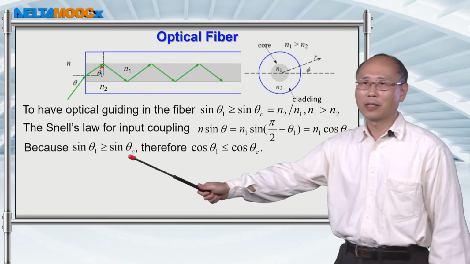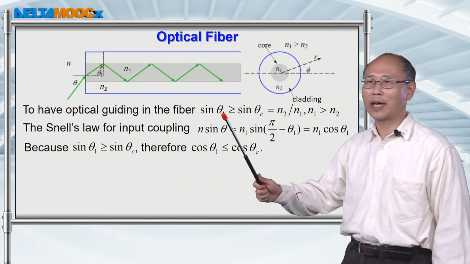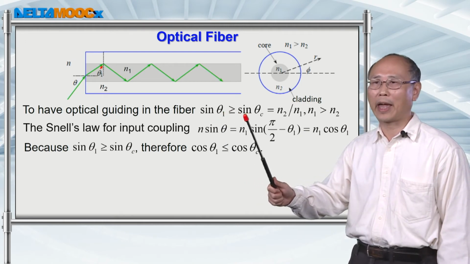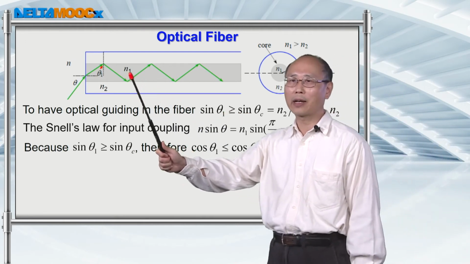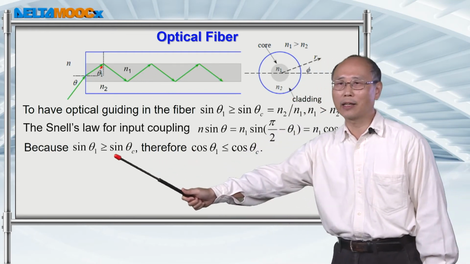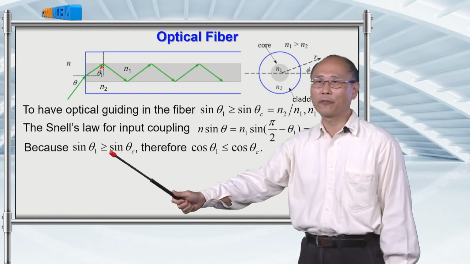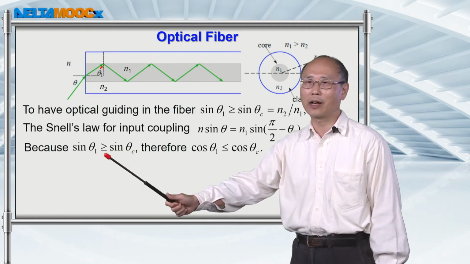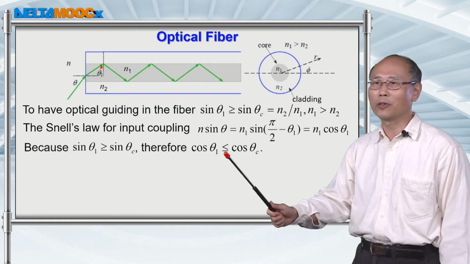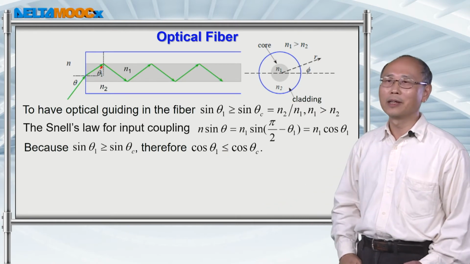Now, the condition is that the sine theta 1 has to be larger than sine theta critical angle for the wave to be guided inside. So if you change this sine to cosine, then you have to flip the direction of the larger or equal valued sign. You change it to the equal or less value sign right here.